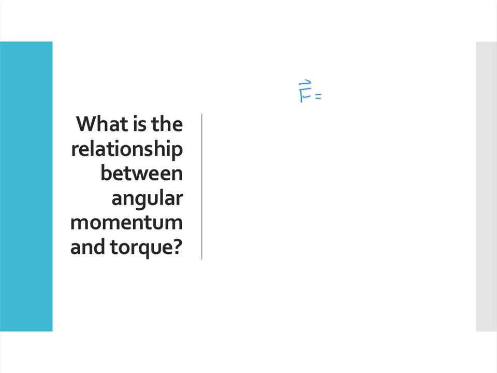So kind of going along with what we learned previously and the fact that we see that everything has this rotational equivalent. Remember that we can write Newton's second law as F equals ma. A is the derivative of velocity with respect to time. But when we introduced the concept of momentum, if mass was constant, we could write the force as the derivative of momentum with respect to time.